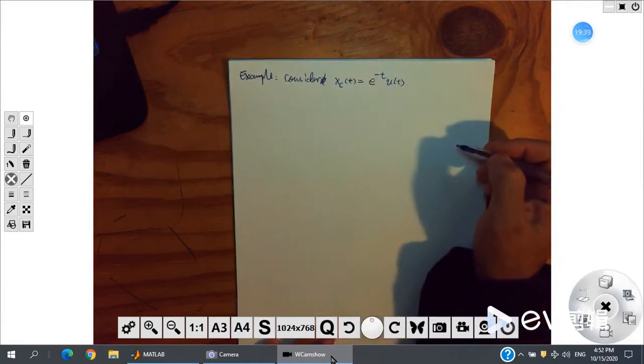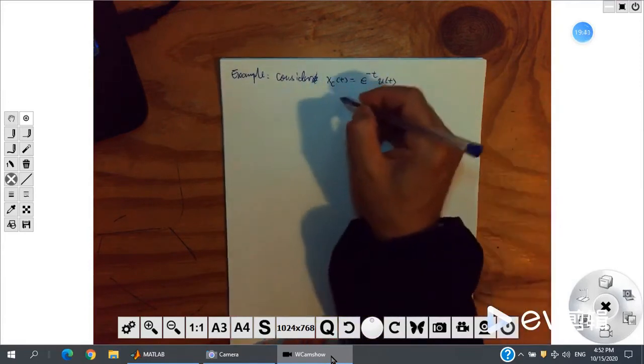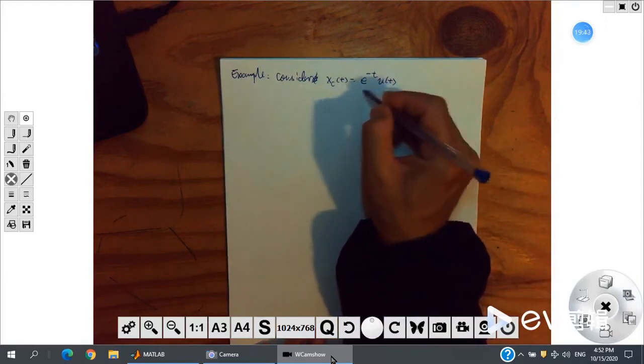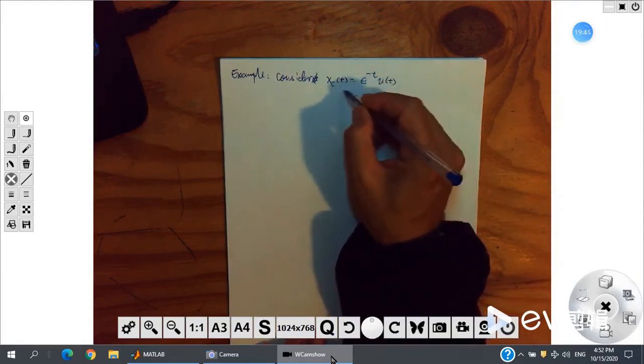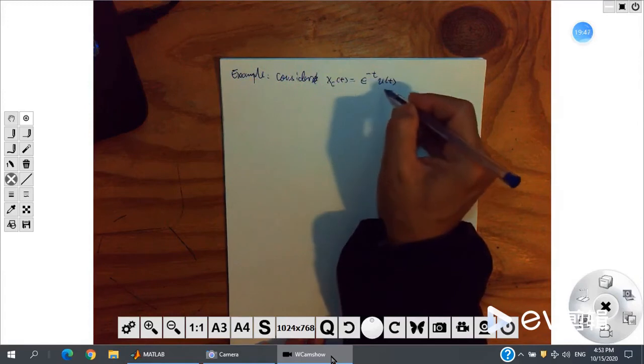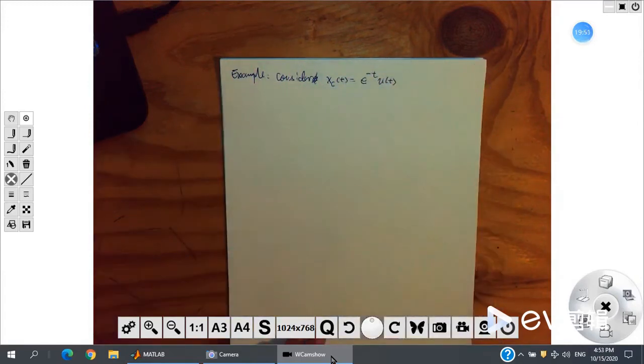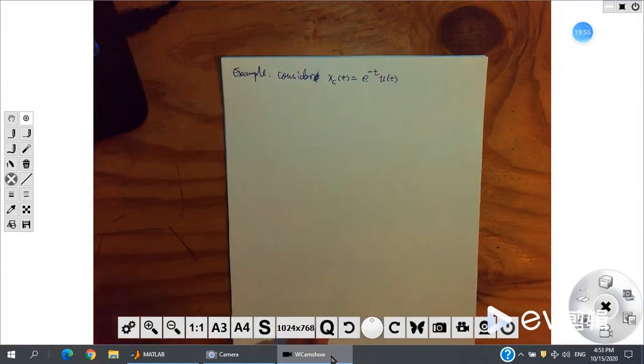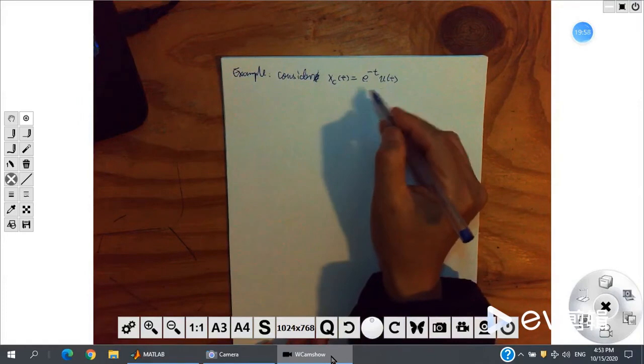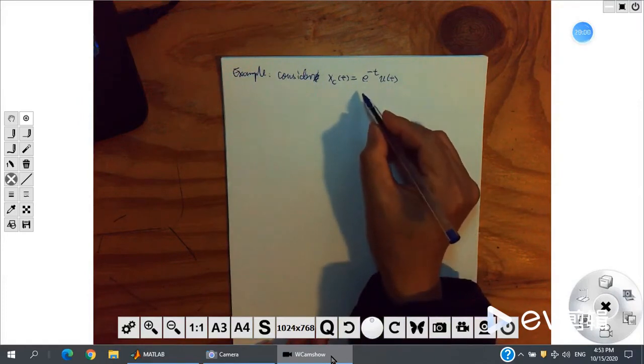This one you take the CTFT, continuous time Fourier transform. You can have the result from Fourier transform tables. The continuous time signal, you do Fourier transform, you also have tables. This is one term in the table. You just check online, you can find those tables.